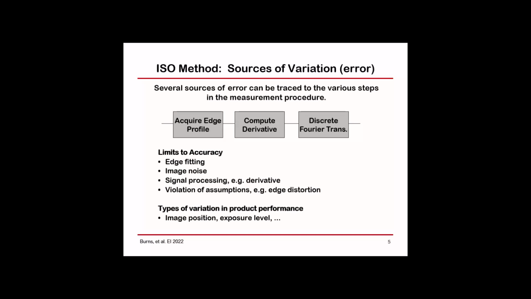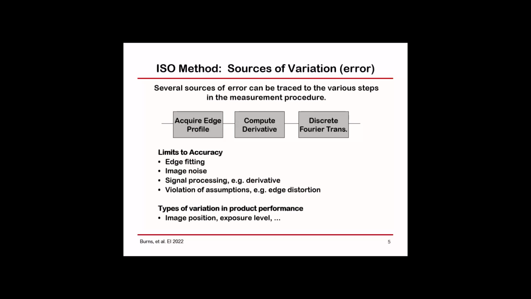We're finding and fitting the edge location and direction from image data that might have image noise and, in some cases, distortion. The image noise itself can add a noise floor. As I was saying before, the signal processing, the discrete derivative, may have an influence on the result. And in some cases, any measurement like this has some built-in assumptions.